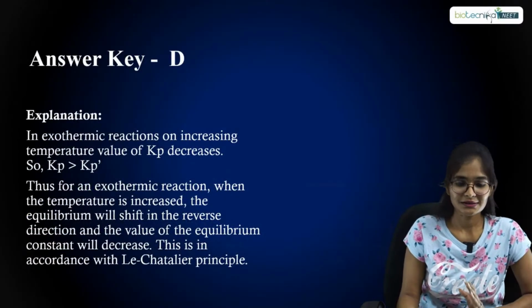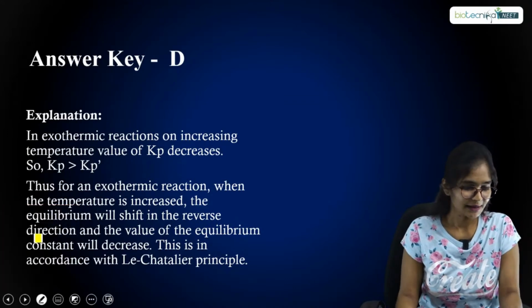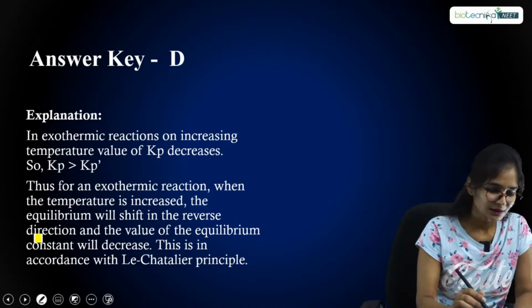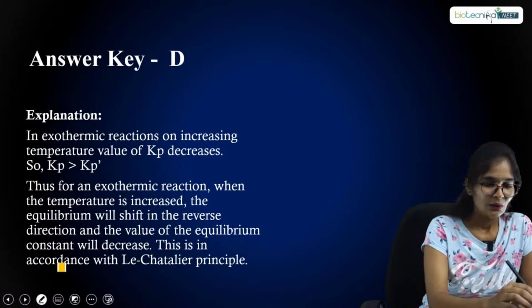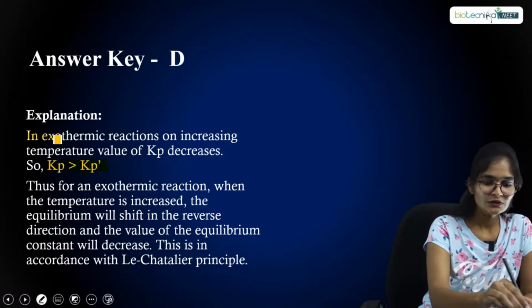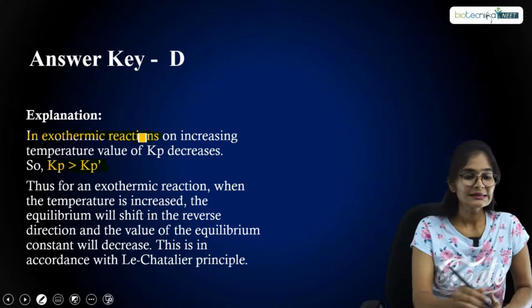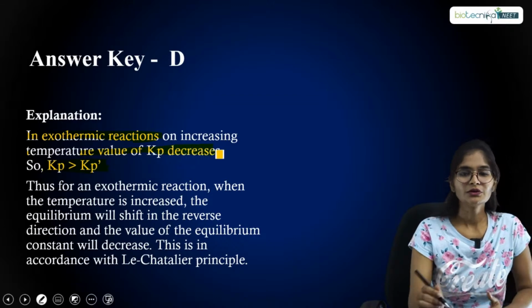Option D is correct, where Kp is greater than Kp dash. So just let me highlight the answer here. Okay. So with respect to this, why is Kp greater than Kp dash? Because in exothermic reactions, on increasing the temperature, the Kp value decreases.